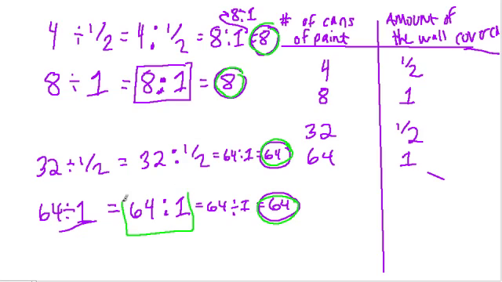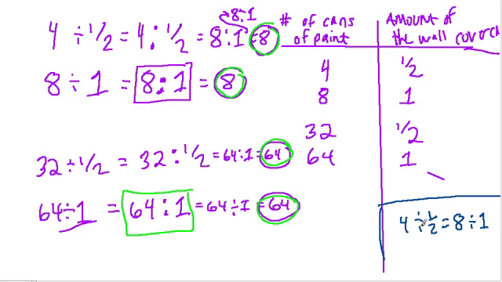One thing to point out is, well, once you have your ratio written as something to 1, you're done. So if we can write 4 divided by half as something to 1, we're done. And somehow we start to notice that 4, and we'll write it over here, 4 divided by a half is the same thing as 8, right, divided by 1.